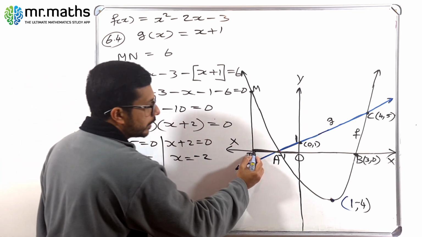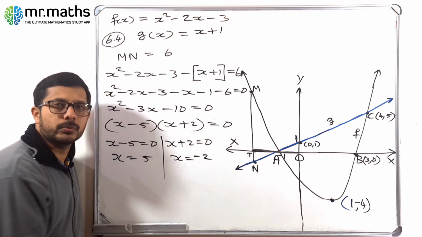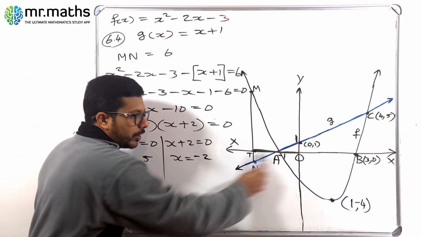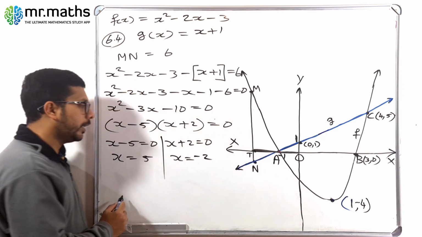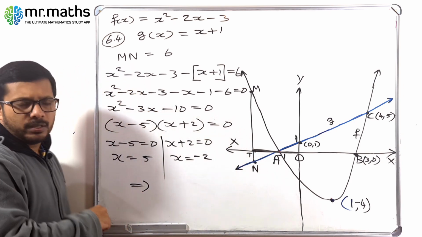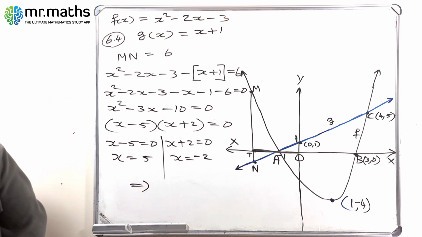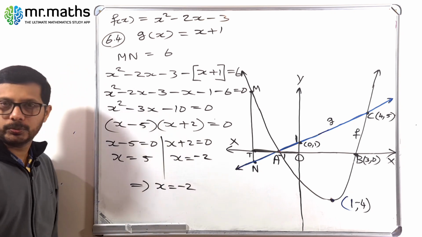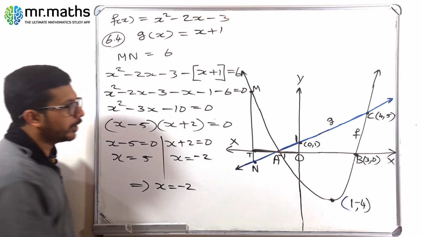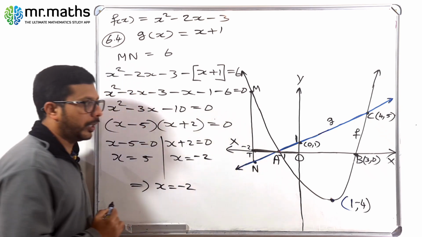So what is the x value at this point? Is it 5 or minus 2? Of course, on this side the x value is negative, am I right? So at this point x is equal to minus 2.